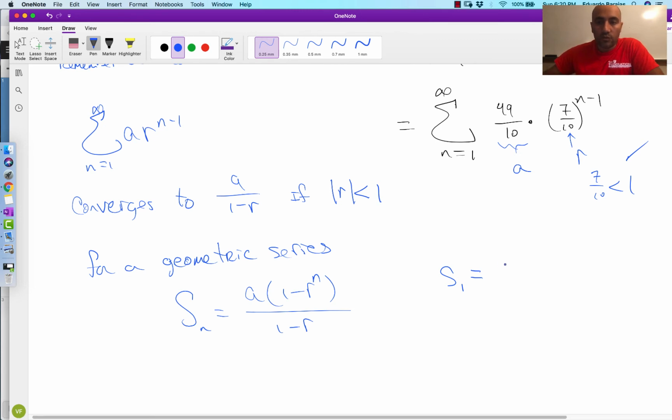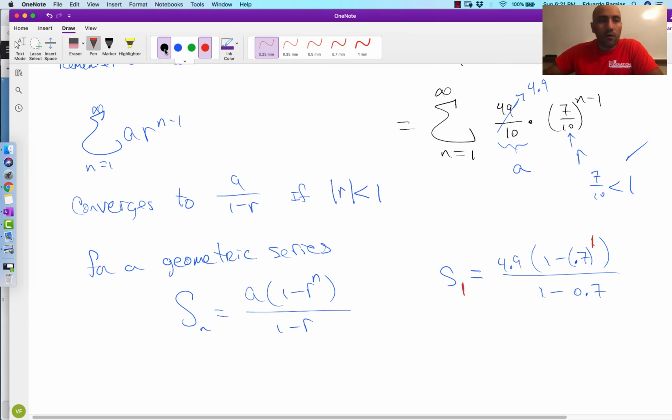So it'll be equal to 49 over 10, which is just 4.9, times 1 minus r, and r is just 0.7, so 0.7 to the power of 1, divided by 1 minus 0.7. Okay, that's kind of ugly. And that's just replacing this n with this 1 right there.